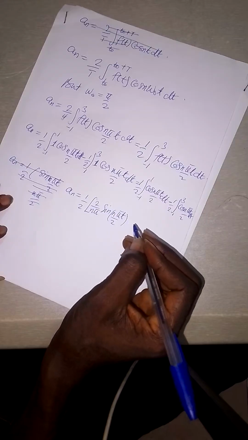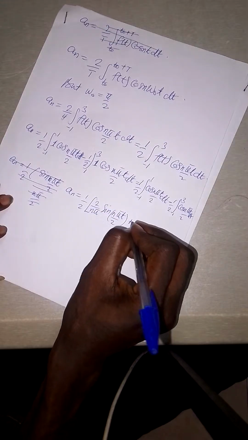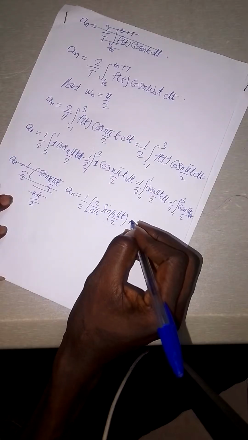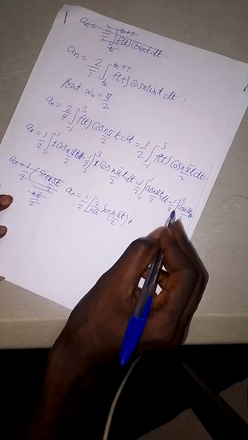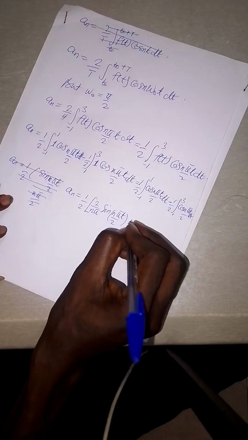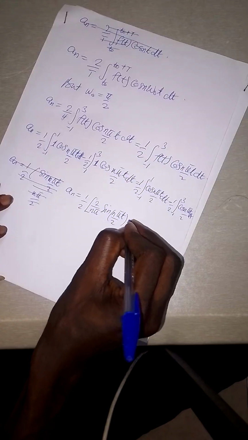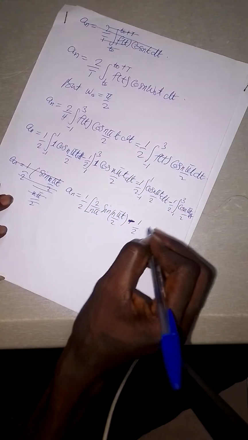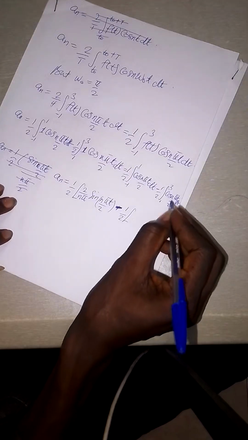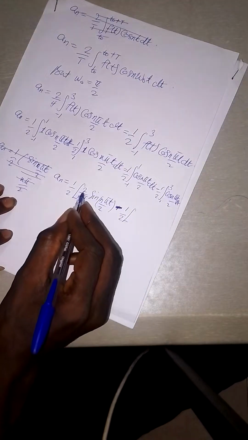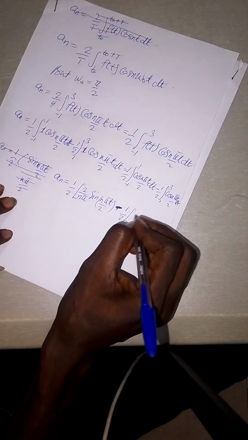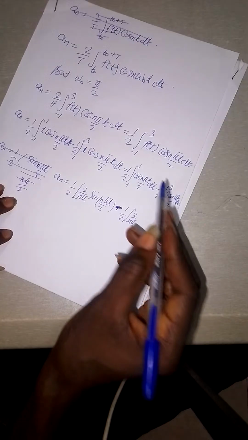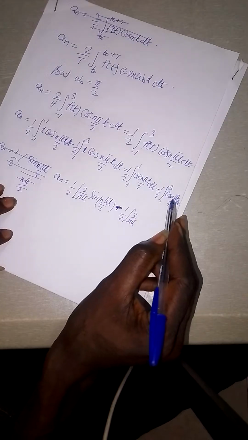And then I'll have, let me bring this minus sign. Here will not be plus, I'm sorry, it will continue to be minus. Let me bring the 1 over 2 into 2 over n pi, just like this one, because whenever you integrate cos, you get sine over the angle.